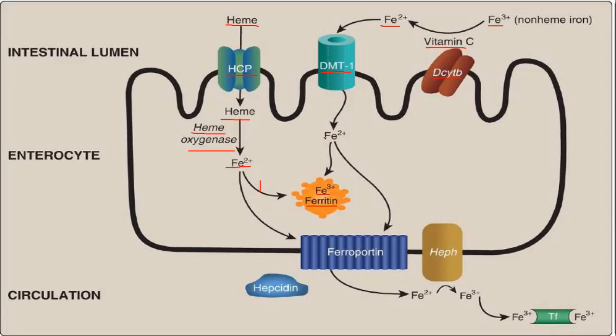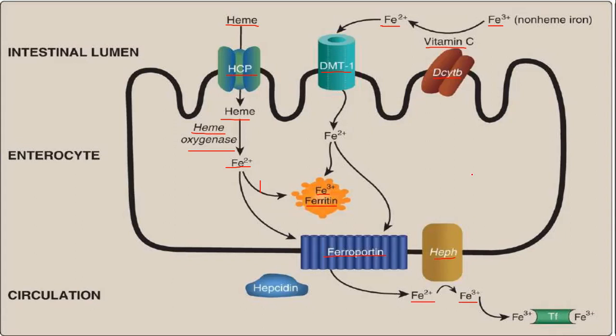Then it also has the same fate. Here you can see it can be transported by ferroportin out of the enterocyte into the plasma, but it has to be oxidized from the ferrous state to the ferric state by hephaestin.